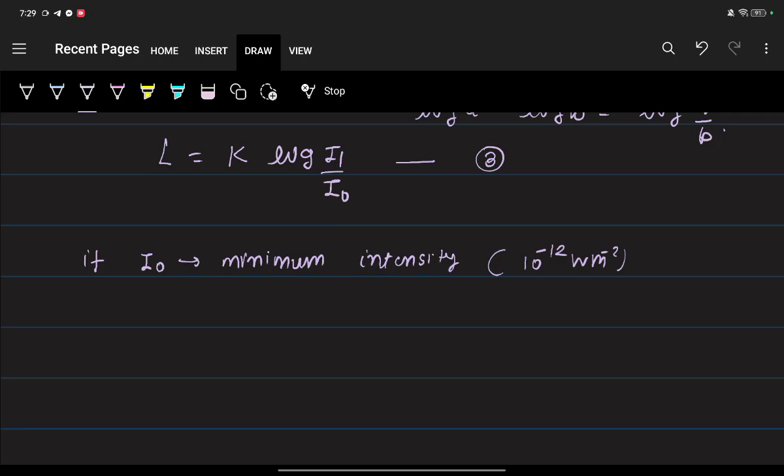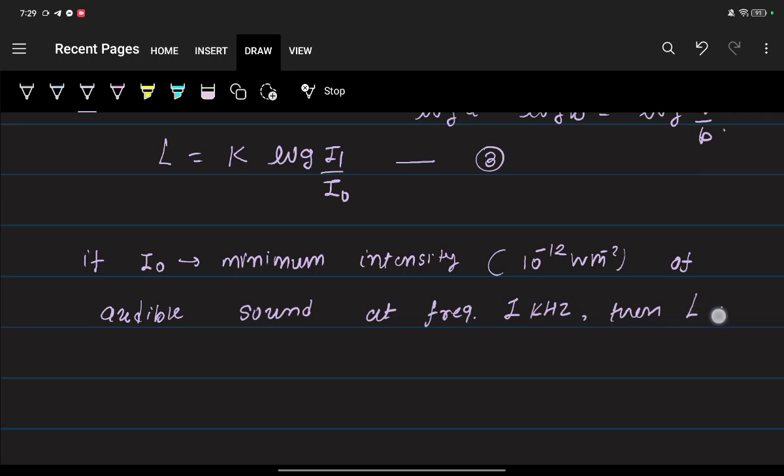Again, if I0 is the minimum audible intensity at frequency 1 kilohertz, then loudness L is called the sound level.